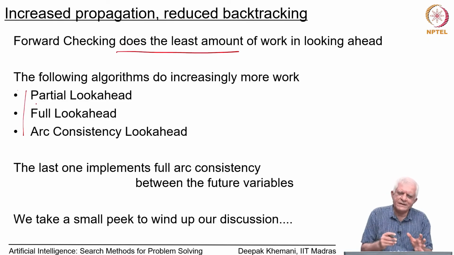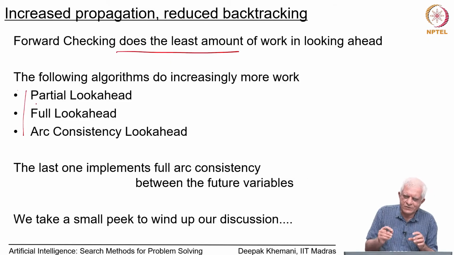The difference between them is that forward checking only looks at the current variable and prunes a future variable. These algorithms do some amount of relation between different future variables, and they are partial or full arc consistency look ahead.